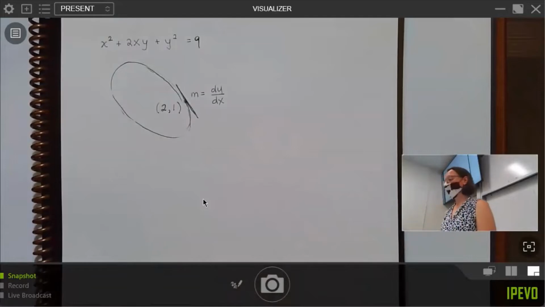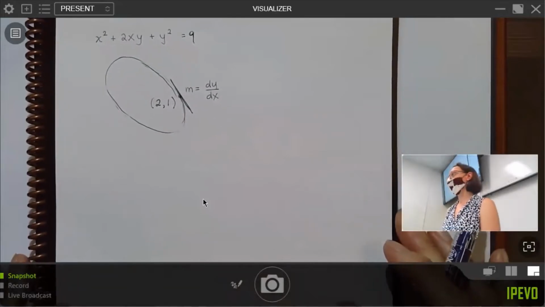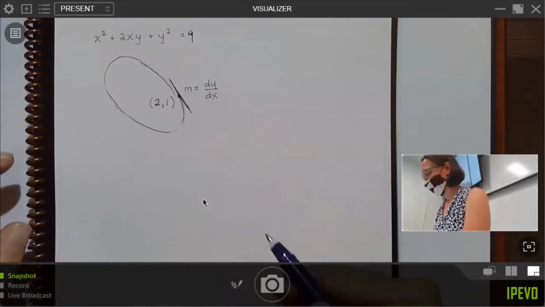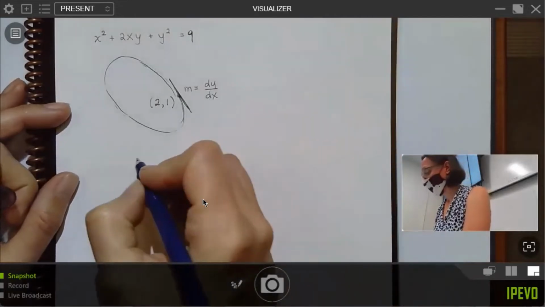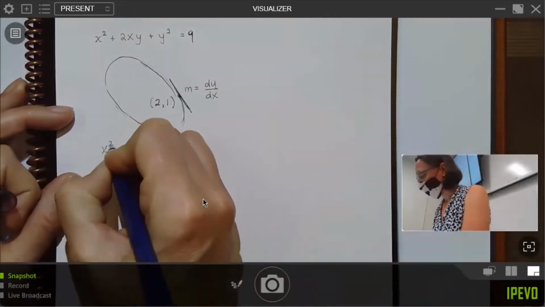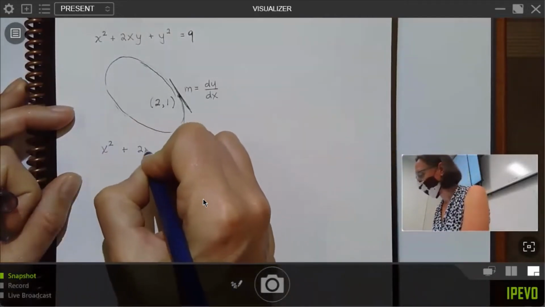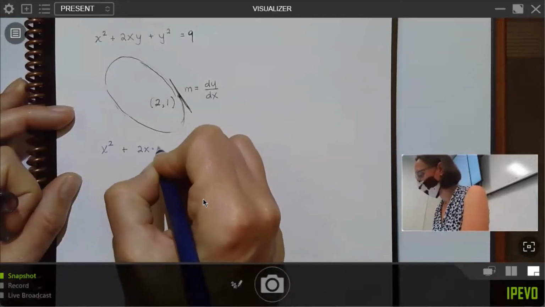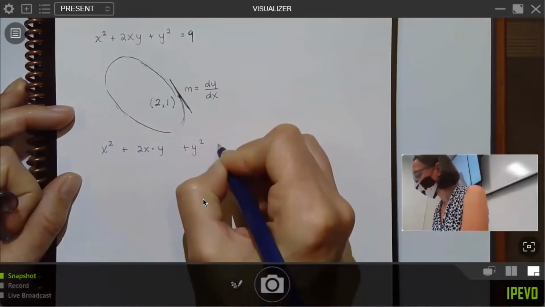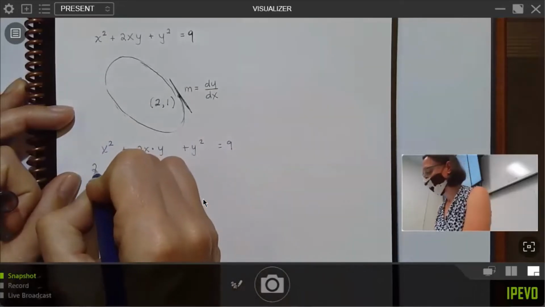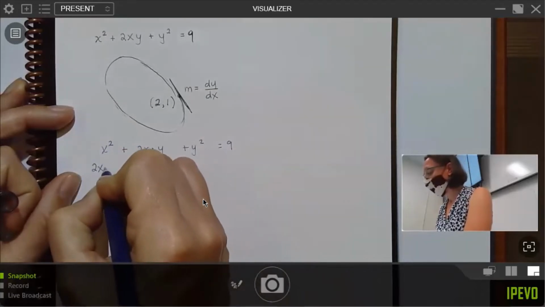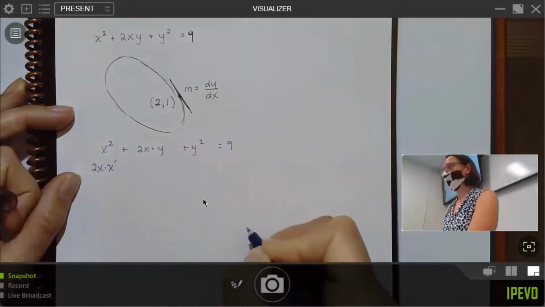I'm going to treat this just like we did the previous problems, only I'm not going to draw boxes and triangles and stuff. I'm just going to take the derivative of each piece. The derivative of x squared is 2x, and for completeness, I'm going to multiply by x prime.